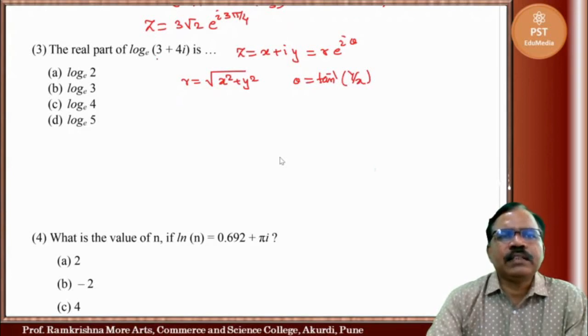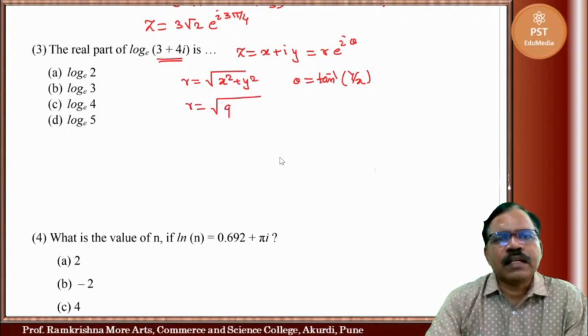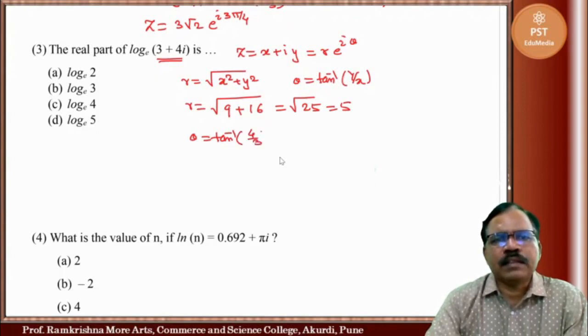So if we take this as a complex number z, we'll get r is equal to root of 3 square, that is 9, plus y square, that is 16. So root of 25, that is 5, and theta is equal to tan inverse of 4 by 3.